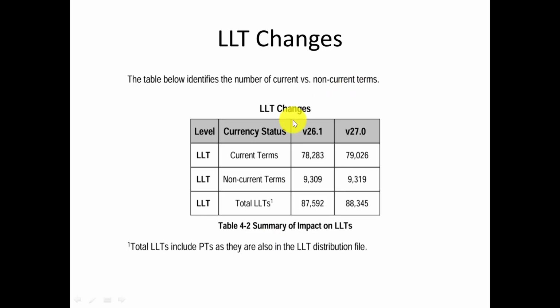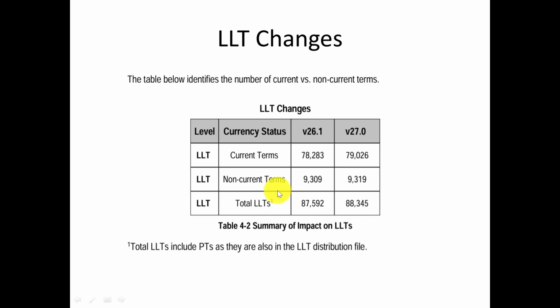Then the LLT changes. The table below depicts the current versus non-current terms. For example, at the LLT level, in version 26.1, that was the previous version, 78,283 terms were current, and now the current terms are 79,026. So you can see there are some additional LLTs.